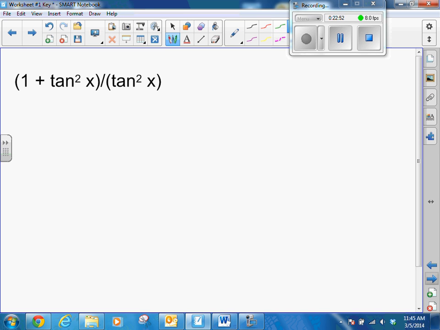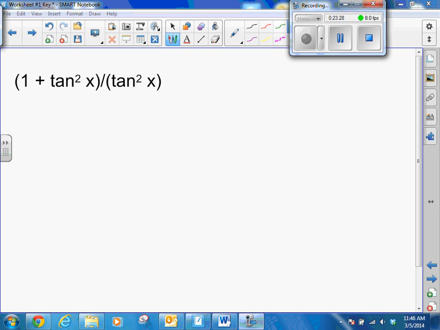Number 13, you should have cosine. Number 14, you should have secant. Number 15, you have sine. Number 16, you should have secant. Number 17 is different. You should have 1 plus 2 times sine times cosine. So again, 1 plus 2 times sine times cosine. And then 18, you should have cotangent.